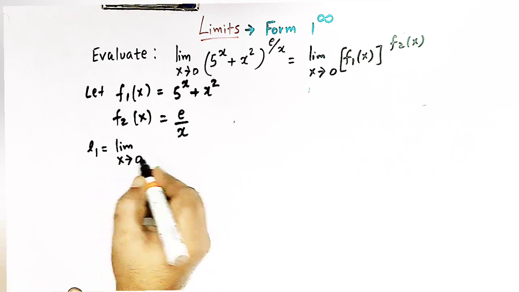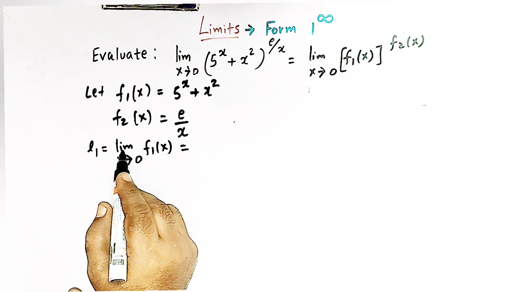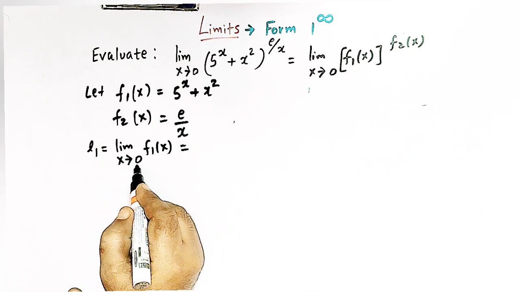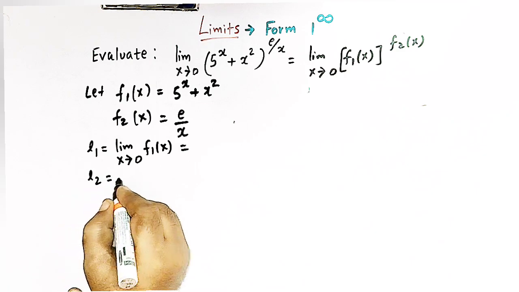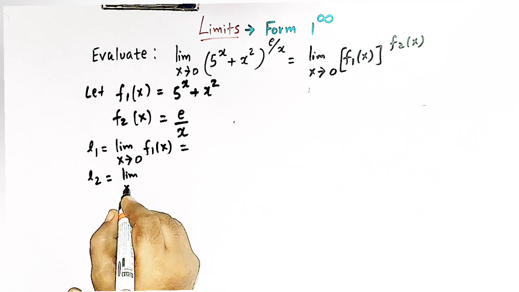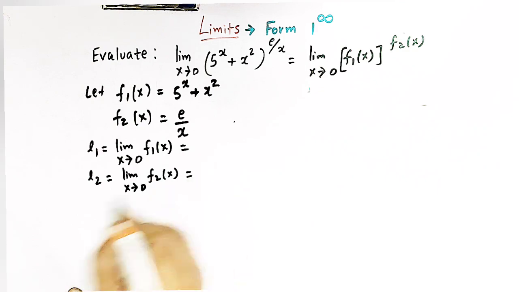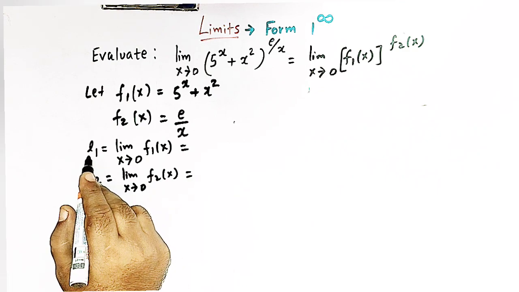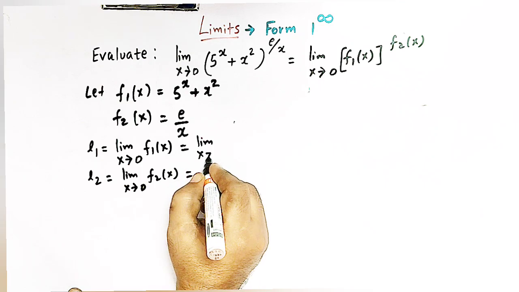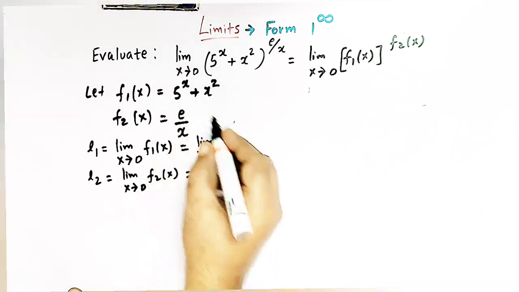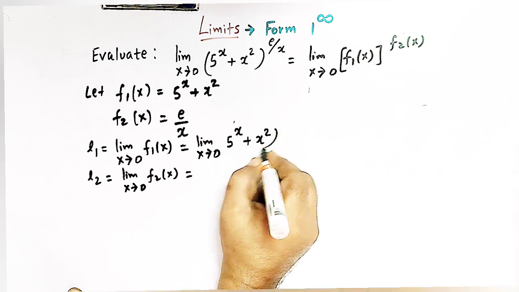Now we will first find the limit L1, that is, limit x tends to 0 of f1(x), and denote L2 as limit x tends to 0 of f2(x). Let us first calculate L1. L1 is limit x tends to 0 of 5 raised to x plus x square.